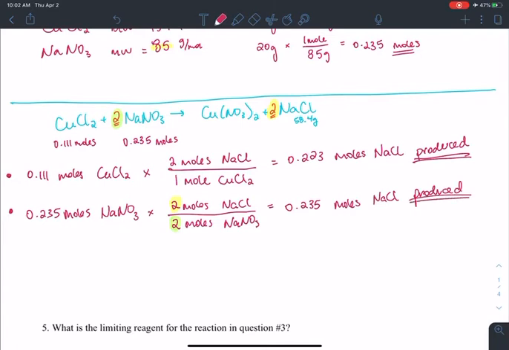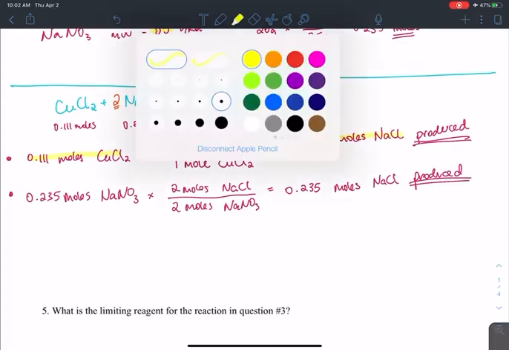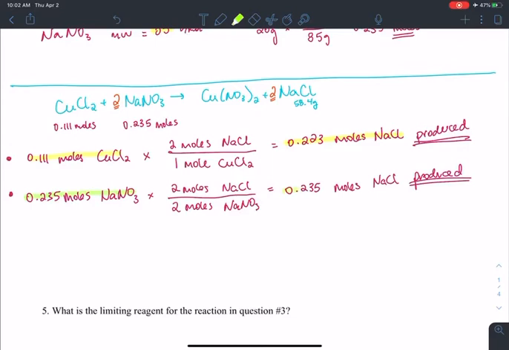Okay? So, what this is saying is that if we start with 0.11 moles of copper chloride, we're going to produce 0.223 moles of sodium chloride. Theoretically. It's also saying that if we started with 0.235 moles of sodium nitrate, we're going to produce this many moles of sodium chloride.